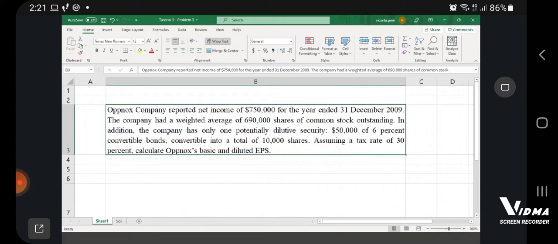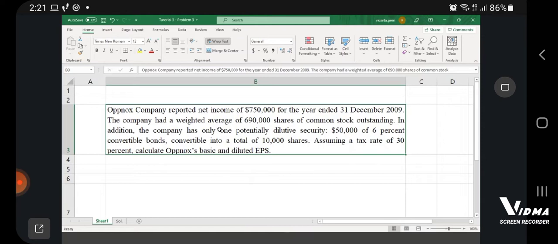We have a company that has reported net income. Be careful, this is the net income. It is not the income or earnings available to common shareholders, right? This is what we have to keep in mind constantly. Then the company has a weighted average of 690,000 shares of common stock outstanding. So till now we have common stock.